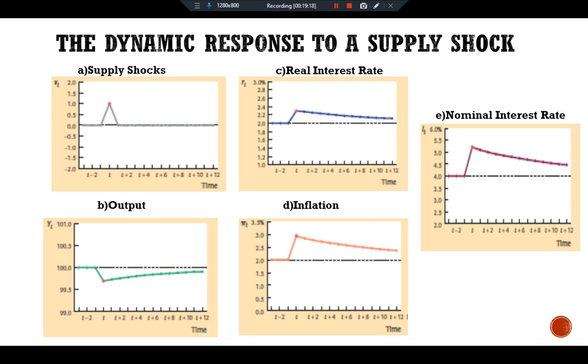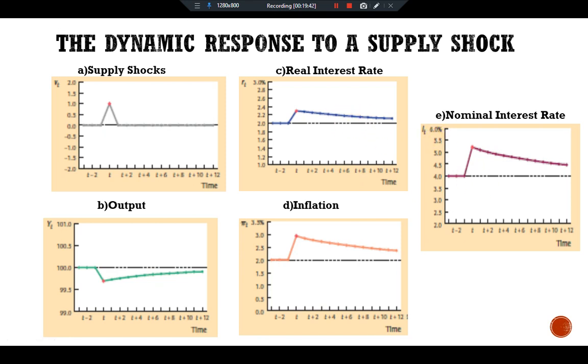Output, shown in panel B, falls in response to the supply shock, but also eventually returns to its natural level.